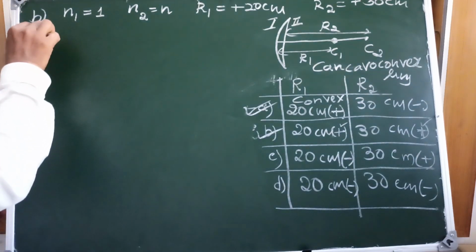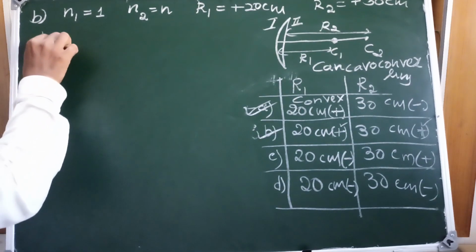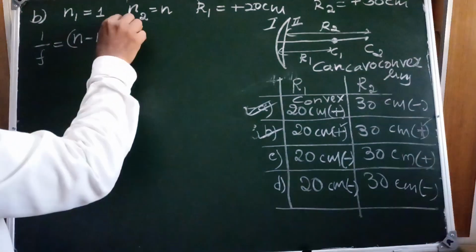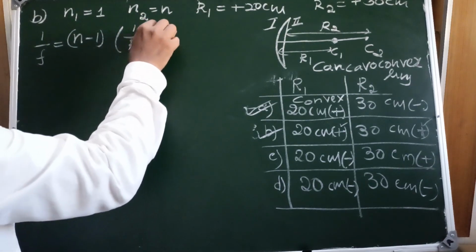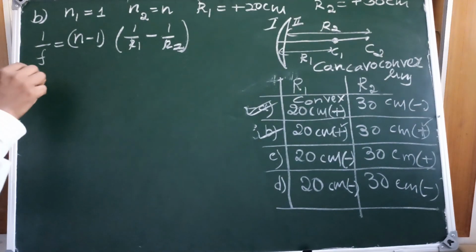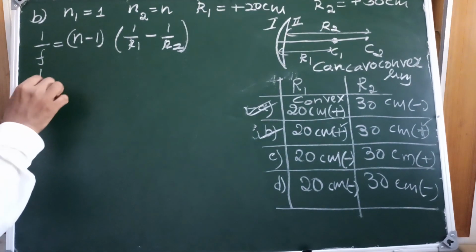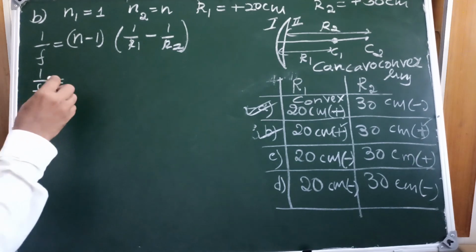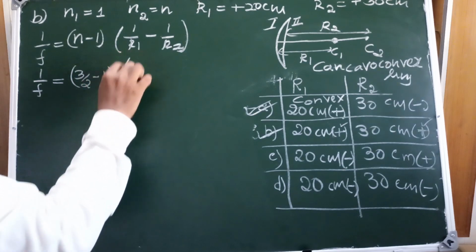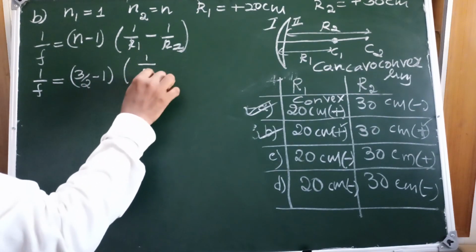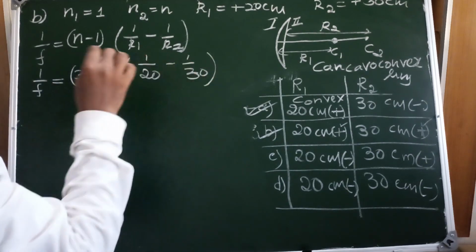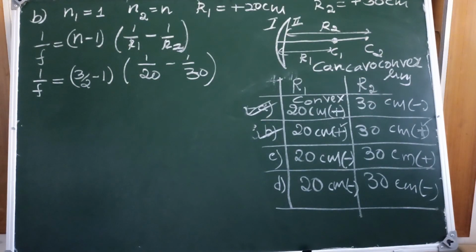Now let us write the focal length equation. 1 by f is equal to n minus 1 into 1 by r1 minus 1 by r2. This is the lens maker's formula. Here we want to calculate 1 by f. 1 by f is equal to n is 3 by 2 minus 1, times 1 by r1 minus 1 by r2, where R1 is plus 20 and R2 is plus 30.